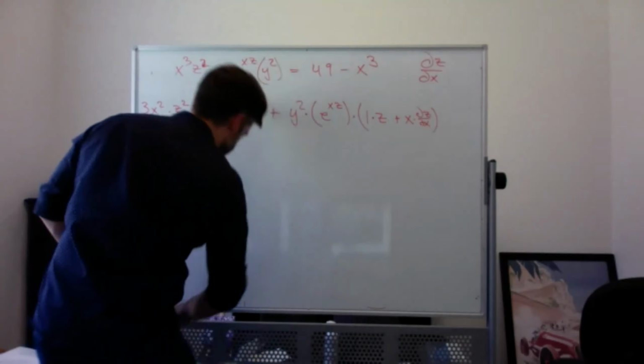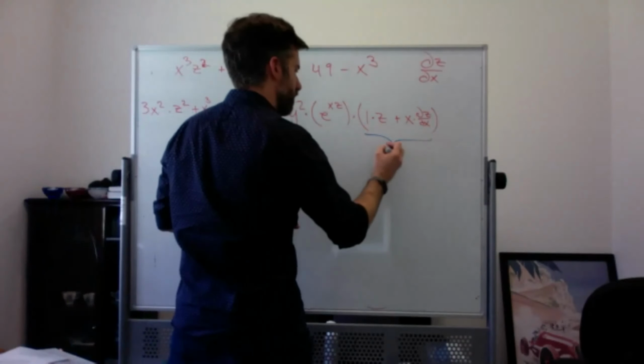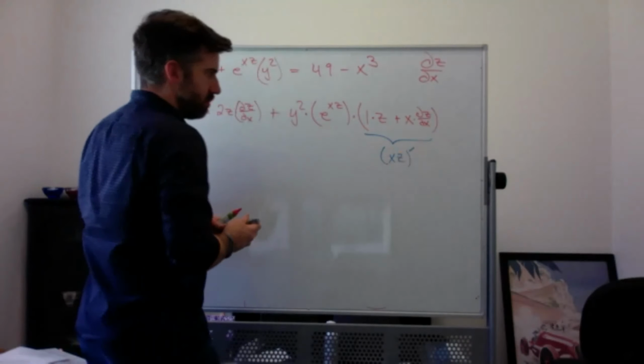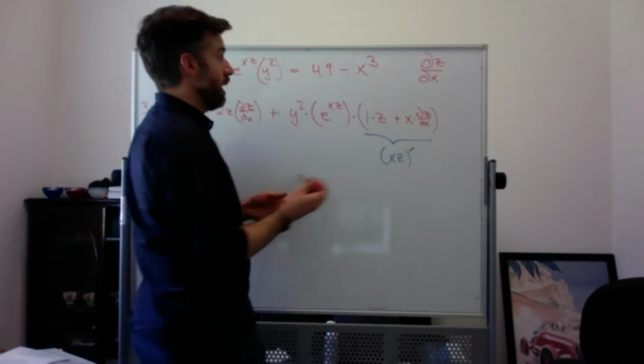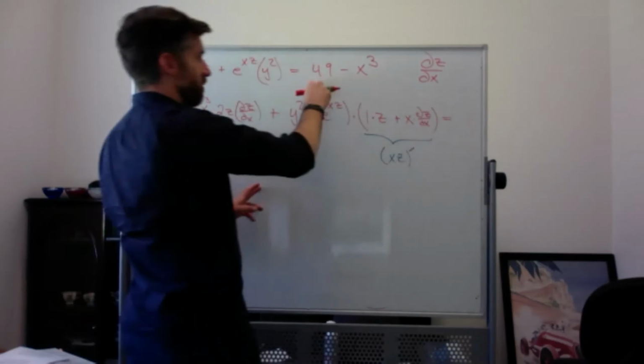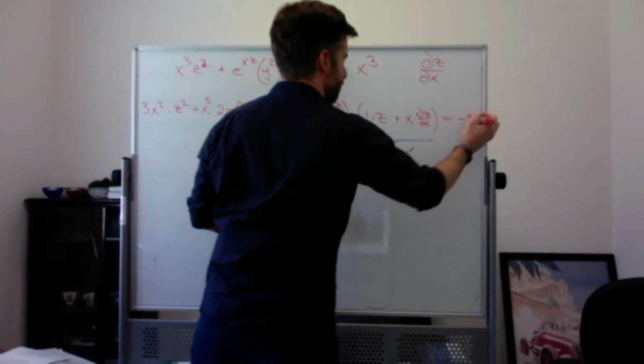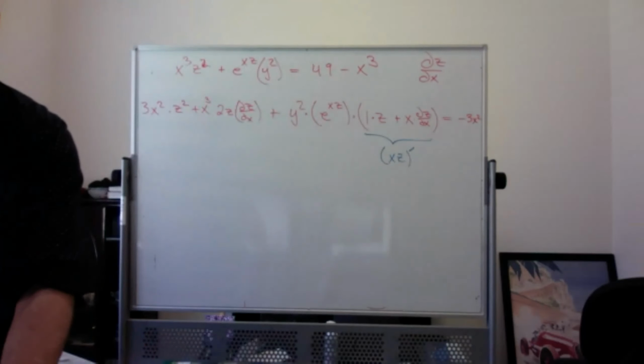This is the derivative of x times z. And it's equal to the derivative of the right-hand side, which is negative 3x squared. Whew, fairly thick.